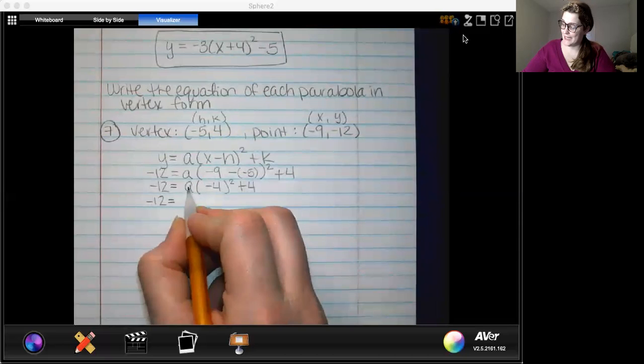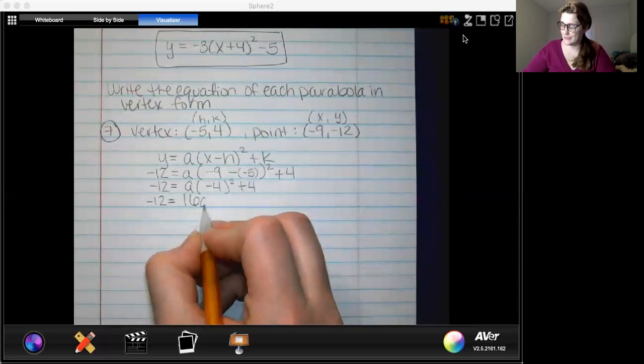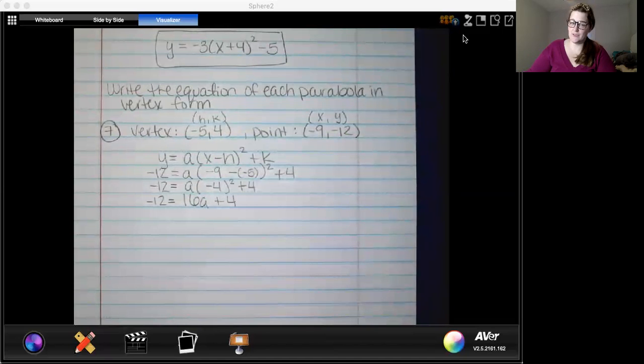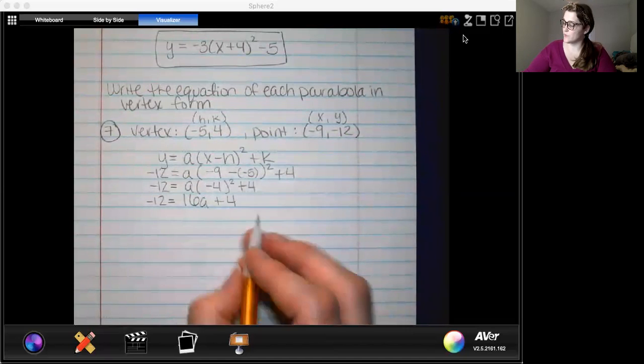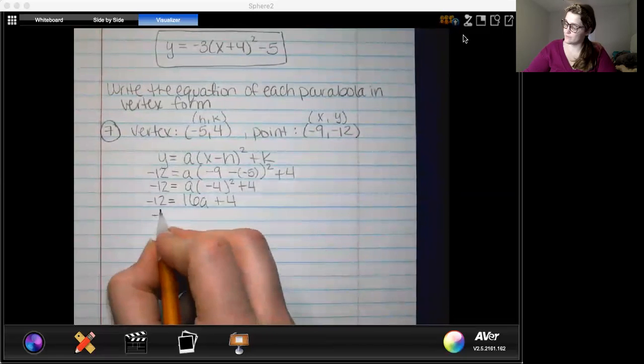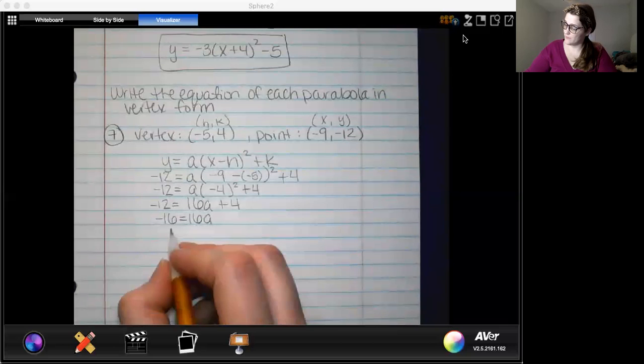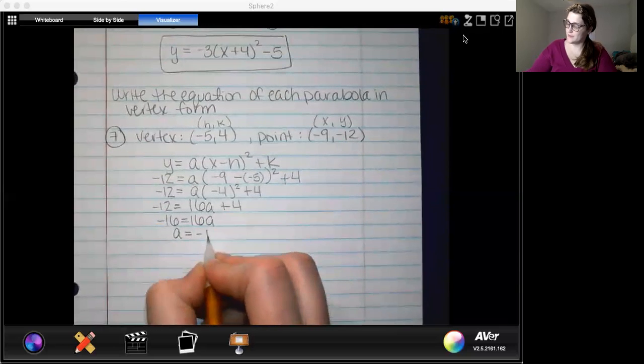And rather than writing a times 16, we would write 16a. And now we're solving for a. So we're subtracting 4 and dividing by 16. So therefore a equals -1.